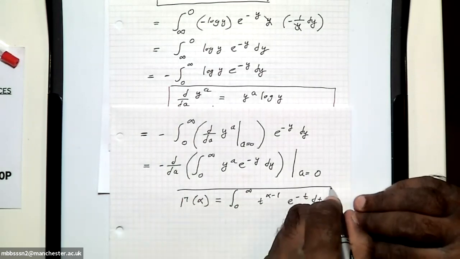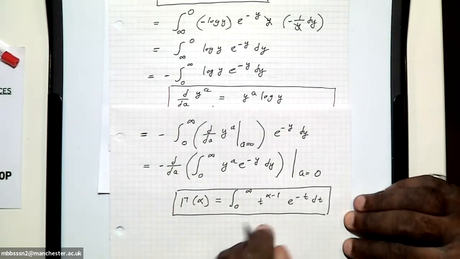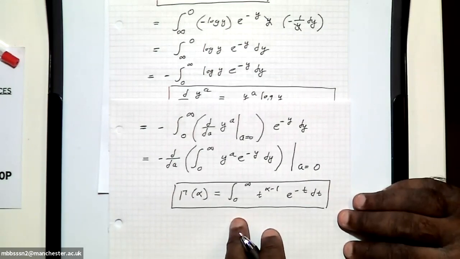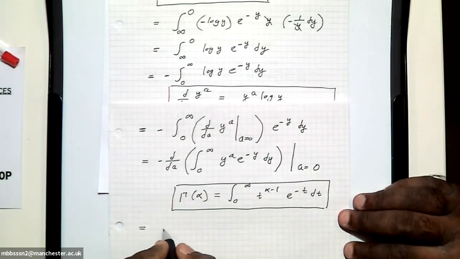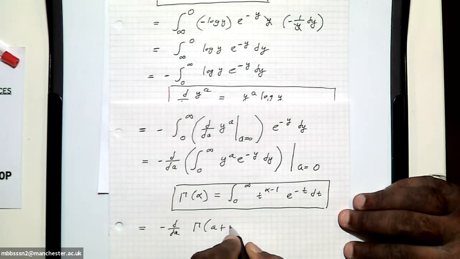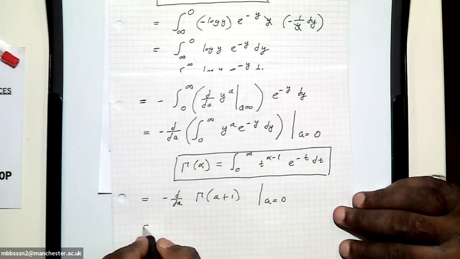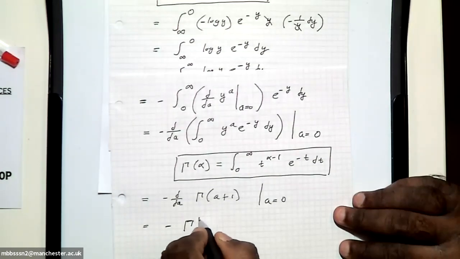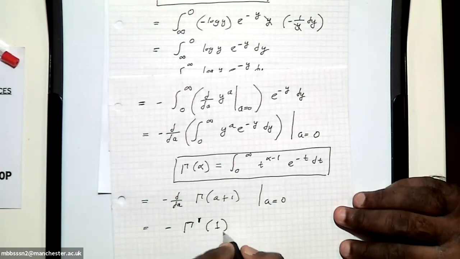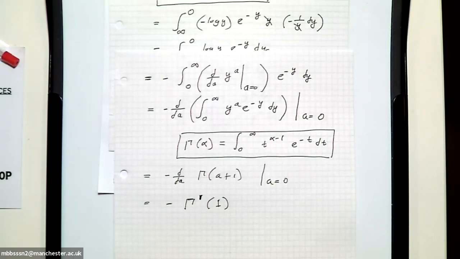So this is the definition of a gamma function if you don't know it already, right? Now using this definition, you can write the above as d by da of the gamma function at a plus 1. Okay, so this is simply minus the derivative of the gamma function, evaluated at 1, right? Are you guys with me? So that's the answer for the mean of the Gumbel distribution, right? Are you okay with that or not?